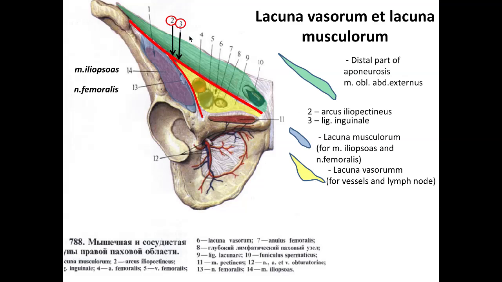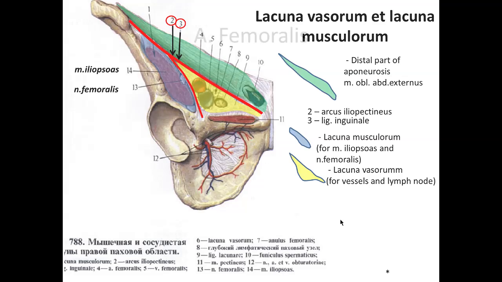And intra-abdominal pressure in such a situation can result in forming a femoral hernia in this place. So I'd like us to remember these details from the first course before discussing the arteries themselves.